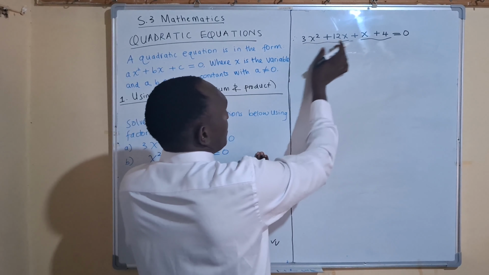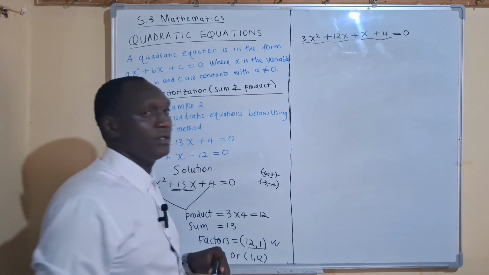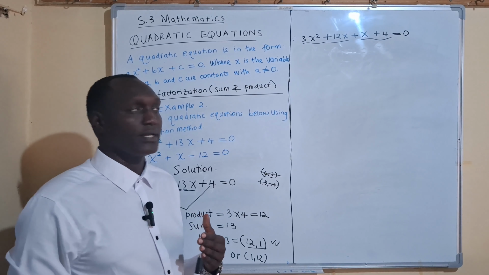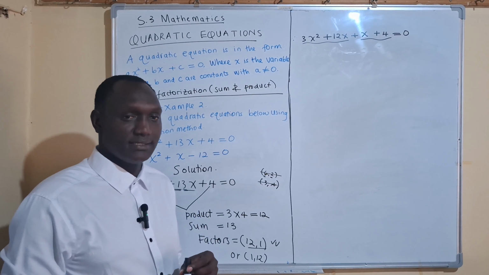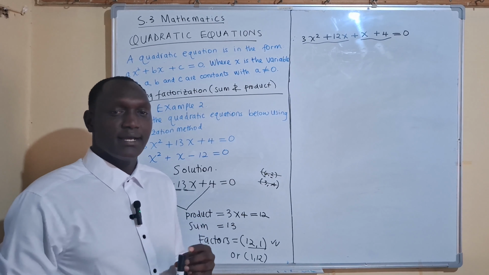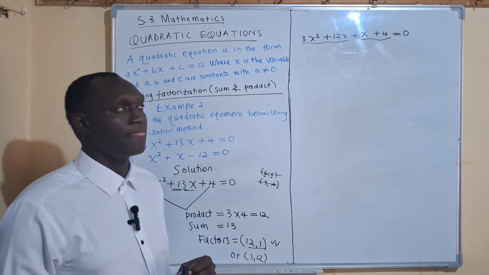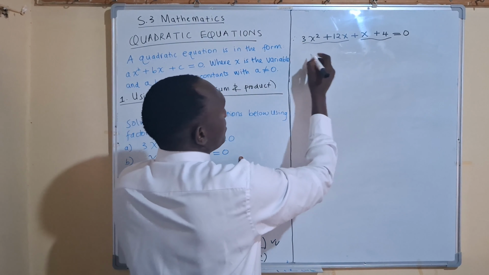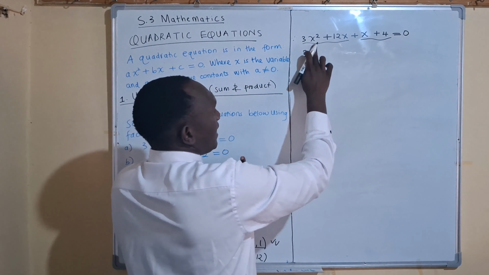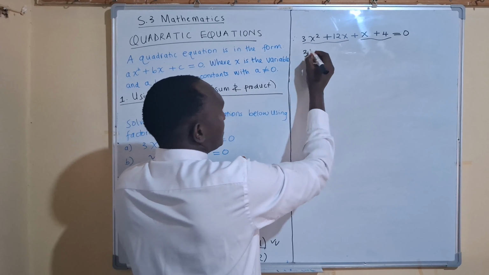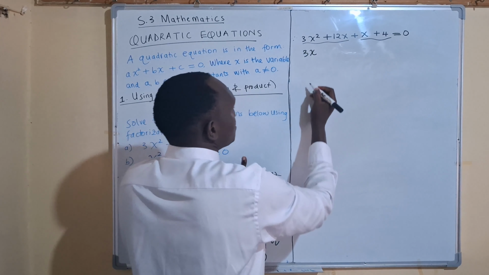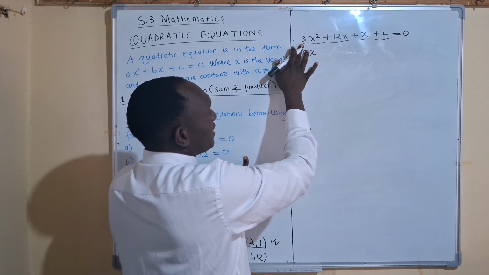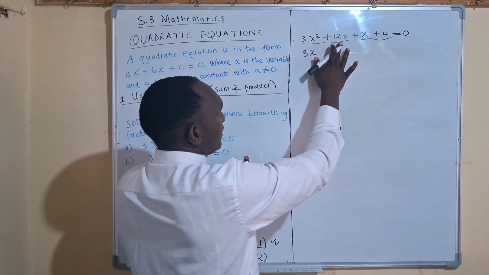So here we have 3x squared plus 12x. What is the biggest term that can divide 3x squared and at the same time divide 12x? You can see that 3 can divide both, so 3 is common. X is here and x is also there. So 3x can divide both 3x squared and 12x.